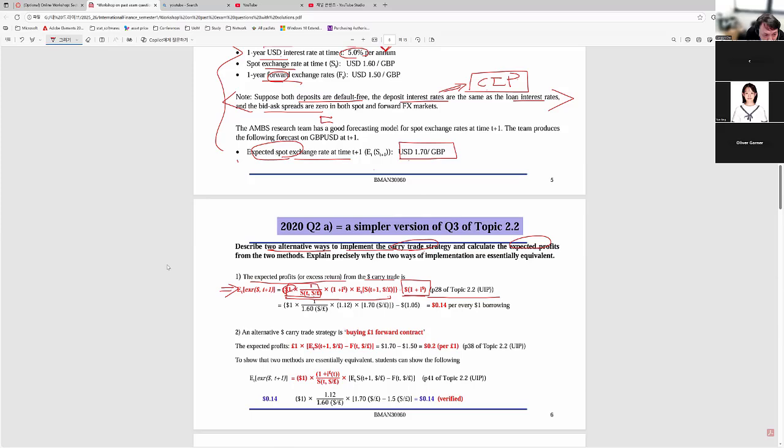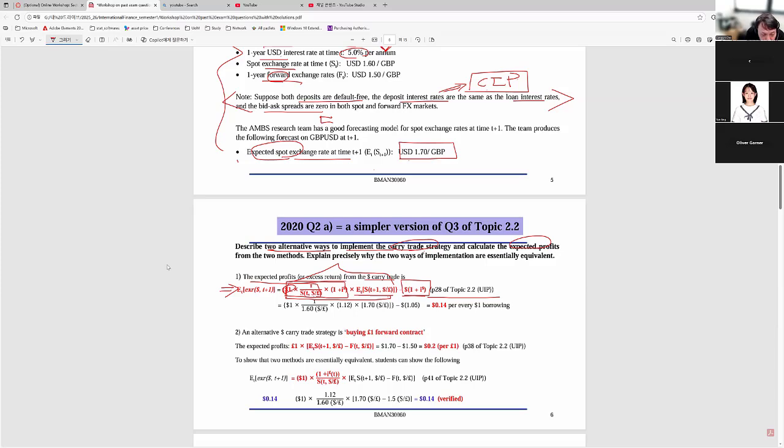You put that pound into the pound money market. After 1 year, you're gonna get this one. Now, after 1 year, you have to convert pound back into dollar. Now, we don't remove FX risk. You only have the expected value of the future exchange rate. So this whole thing is going to be the expected dollar profit by implementing this carry trade strategy.